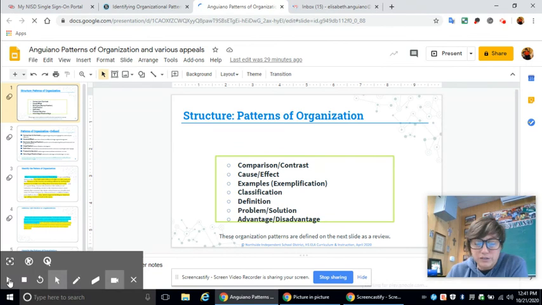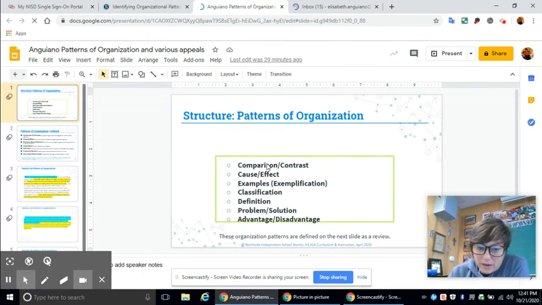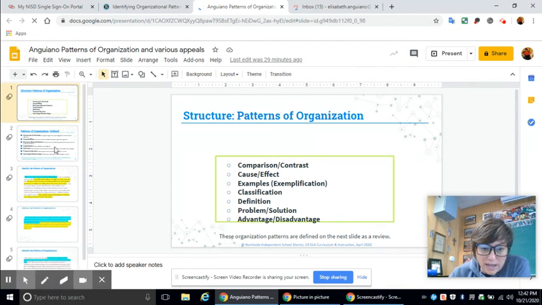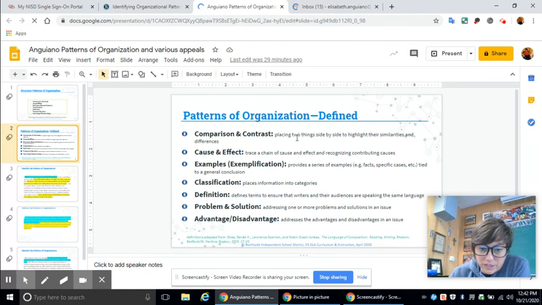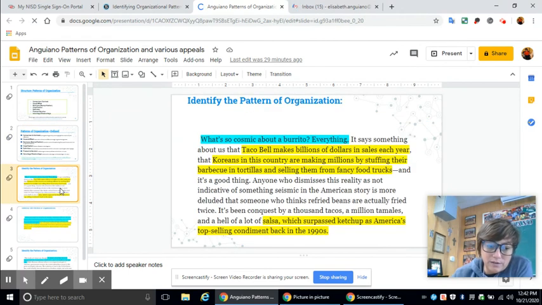Okay, so as you see, I've put the patterns of organization that you're looking at, right? Then over here, I gave you the definition and what takes place within each one of these organizational patterns. So what you're going to do, okay, I've given you 3 paragraphs, and I've pulled these 3 paragraphs from the article that we read called Tacos in Space, okay?